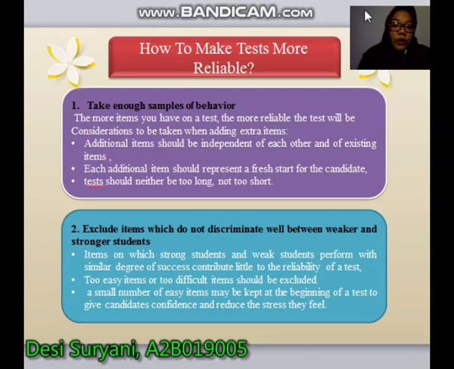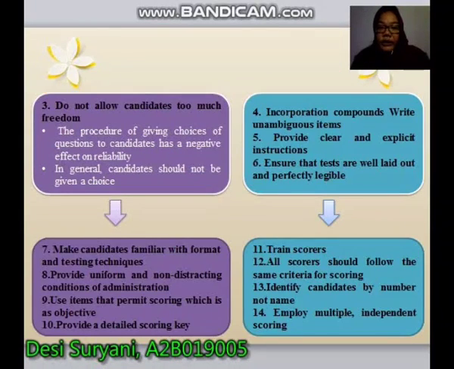A small number of easy items may be kept at the beginning of a test to give candidates confidence and reduce the stress they feel. The third one is do not allow candidates too much freedom. The procedure of giving a choice of questions to candidates has a negative effect on reliability. In general, candidates should not be given a choice.